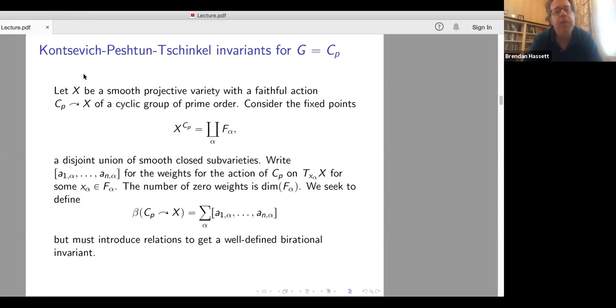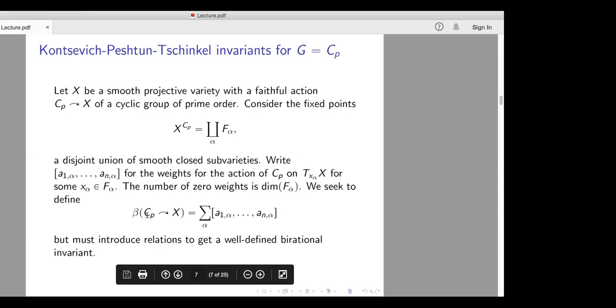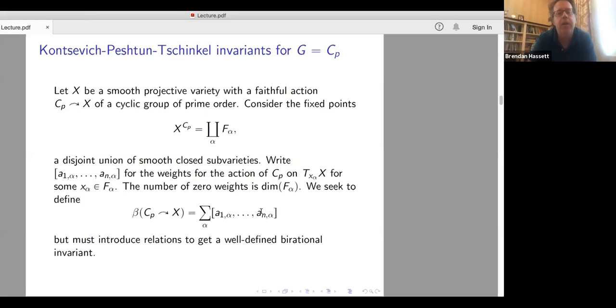Then what we simply do is encode these into a symbol. And then the desired invariant, which is not an invariant yet, but at least is something that I can write a formula for, is beta for C_p acting on X. I simply sum over all the fixed point components, keeping track of these weights.